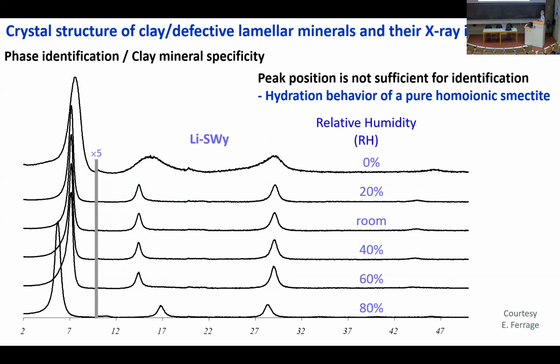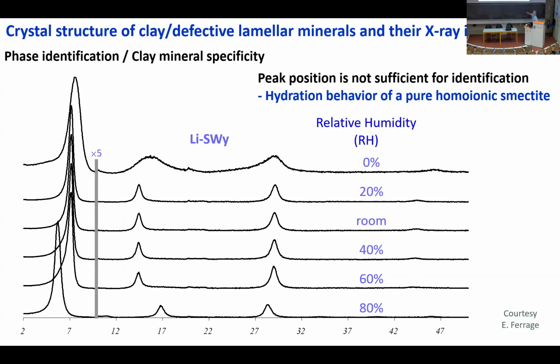And depending on relative humidity, this lithium saturated smectite has a wide range of positions just because we are changing hydration state: from 80% relative humidity, where we have 2 planes of interlayer water molecules, over most of that range here, we have only 1 plane of interlayer water molecules.